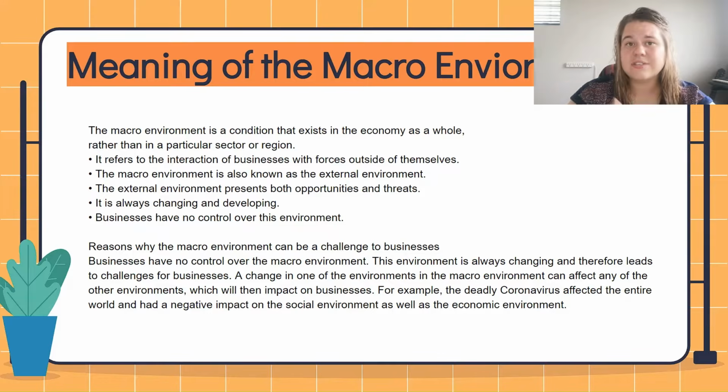If you think to yourselves, how many businesses couldn't operate? How many businesses were closed for extended periods of time? I'm thinking of businesses like hairdressers, even a lot of the retail stores were closed for a very, very long time. Even gyms. So you need to think about when that happened, how did it affect all the other environments and businesses?